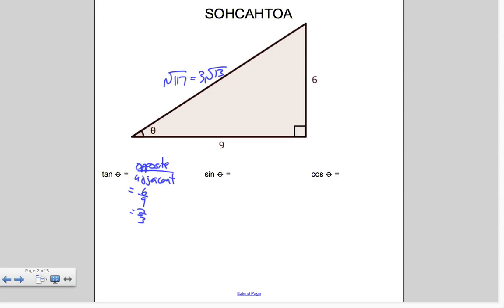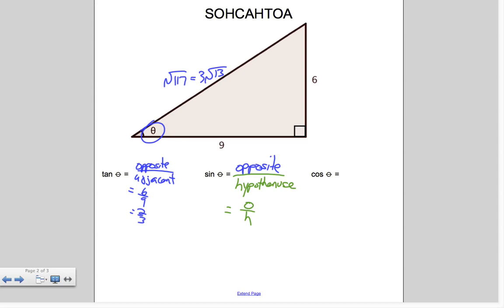One's called the sine of theta. So sine of theta is opposite, the same as tan, and now this is over the hypotenuse. In other words, tan is opposite over adjacent, and sine is opposite over hypotenuse.